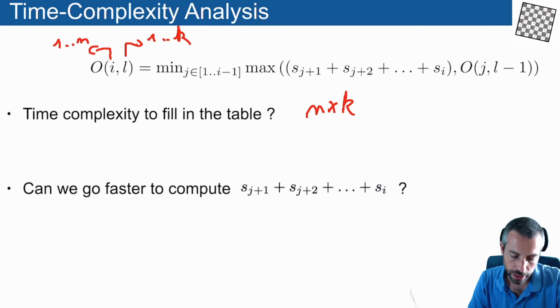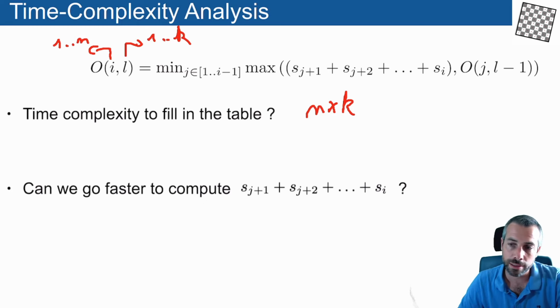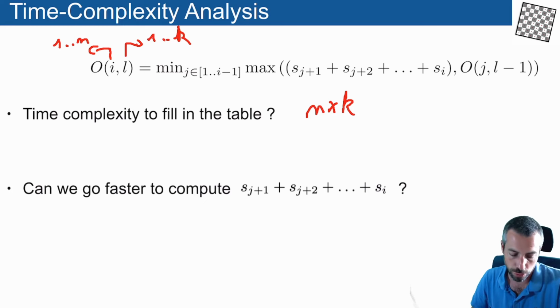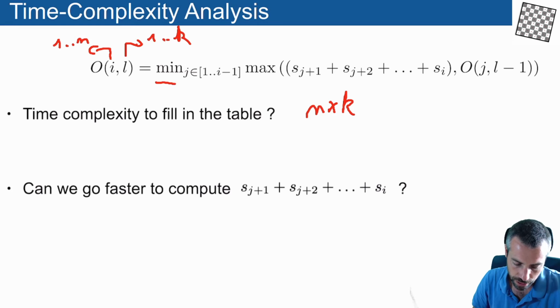This is pretty clear, but then I also need to multiply by the complexity to compute the recurrence equation. I have a minimum over the range of j from 1 up to i minus 1. So again, I need to multiply it by n because of this.